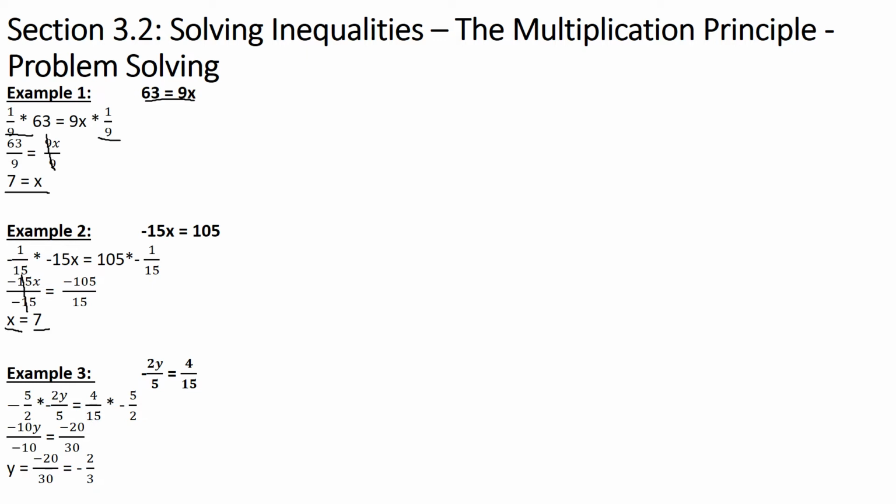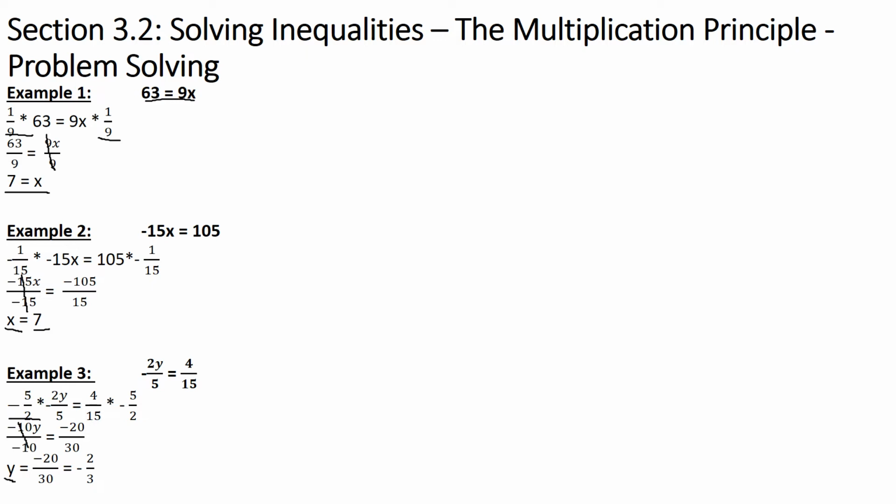And here's a fraction. Negative 2y over 5 equals 4/15. I want to turn that negative 2/5 y into just a y. So I multiply by the reciprocal, which is negative 5/2. I have to do it to both sides because again I want to balance. Negative 5/2 times negative 2y over 5 equals 10y over 10, which is simply y.